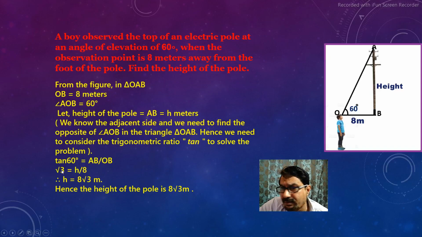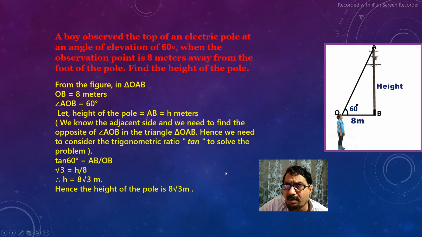So we replace tan 60 with root 3. AB is h, and OB is given as 8 meters. When you substitute this and cross multiply, you get h is nothing but 8 root 3. Hence the height of the pole is 8 root 3 meters.